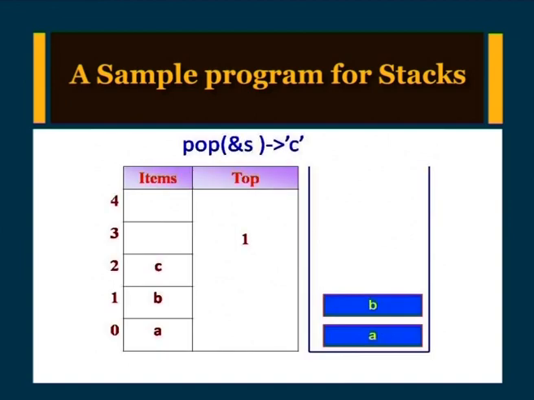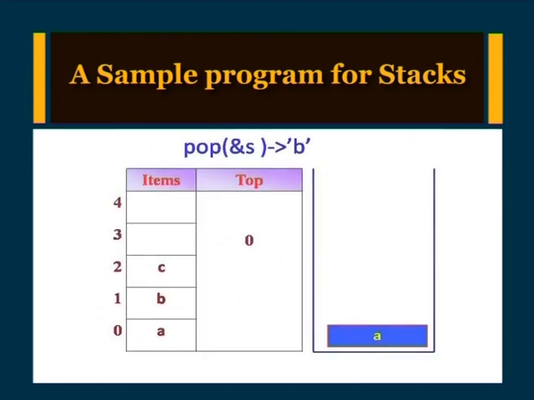When the pop function is called, the value at index 2 is returned and top is decremented to 1. Next call to pop function returns value B stored at index 1 and sets top to 0.